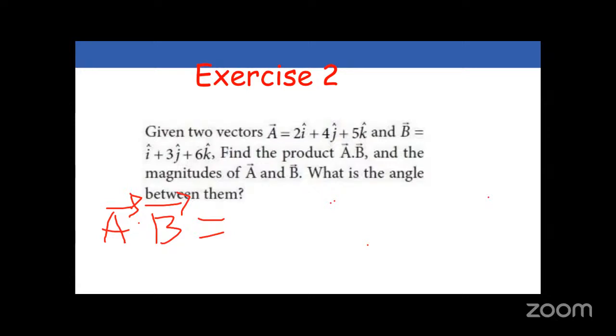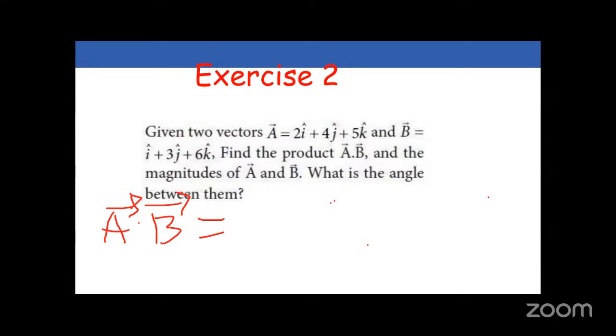So that is why another name for dot product is also a scalar product. So in this, we multiply the like components. So we have the components i, j, k. So i for i, j for j, and k for k.